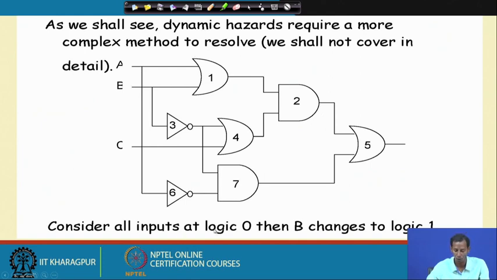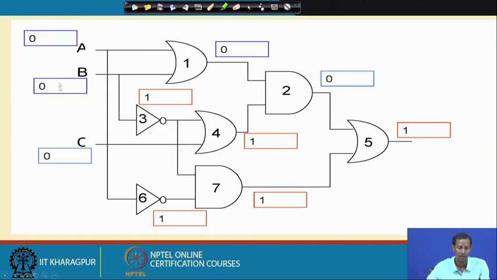Consider all inputs at logic 0, then B changes to logic 1. Initially A, B, C are all 0 and then B changes to logic 1. What will happen? Initially all of this is 0, so the OR is 0, so this is 1, this is 1.